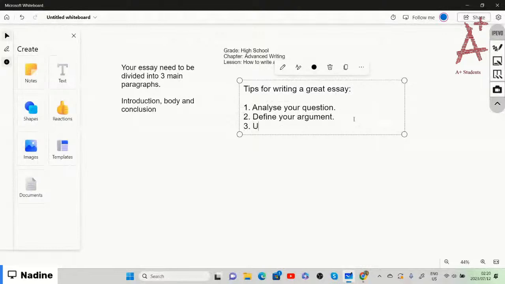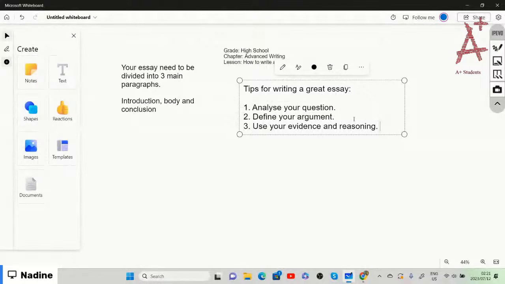The third one is to use your evidence and reason. And remember, your evidence is needed if your topic is something that you had to research.